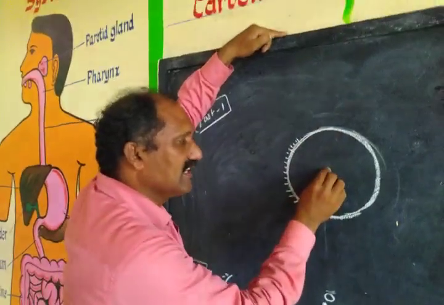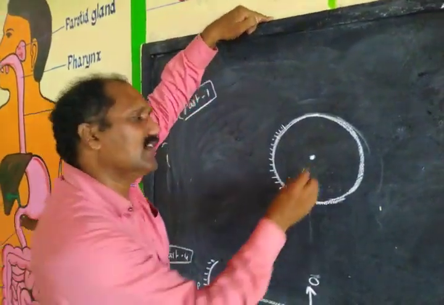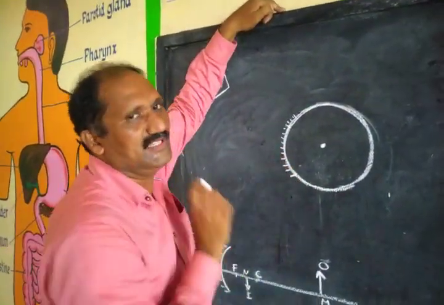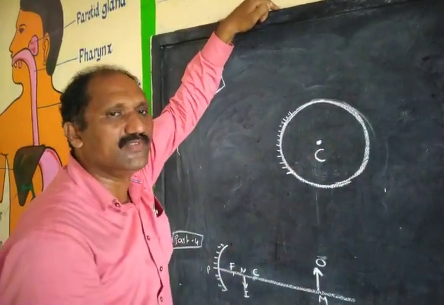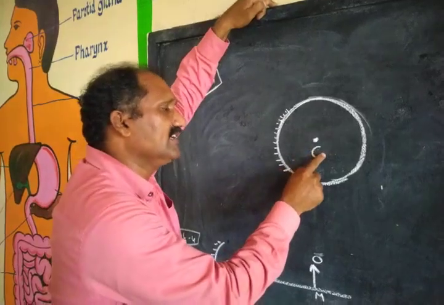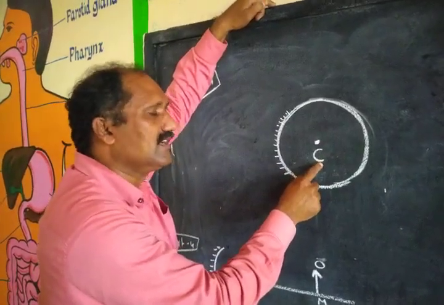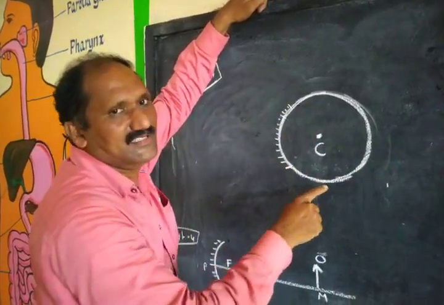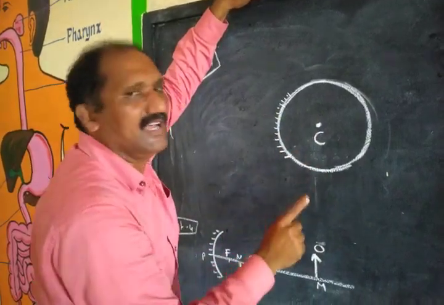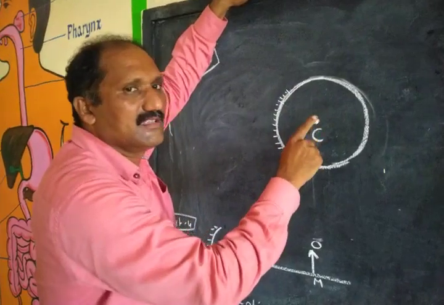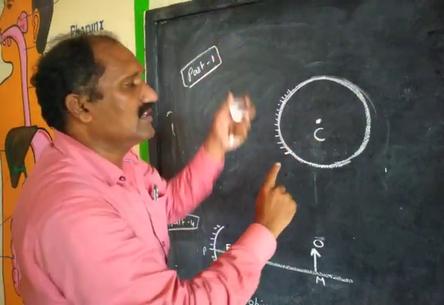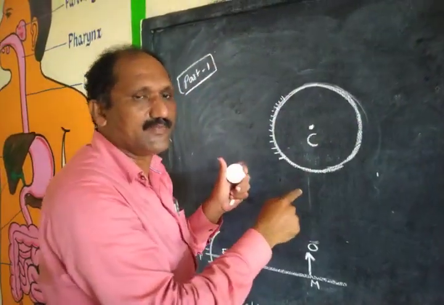Its center is called the center of curvature. Simply saying, this C is the geometrical center of the shape obtained by extending the concave mirror's shape.